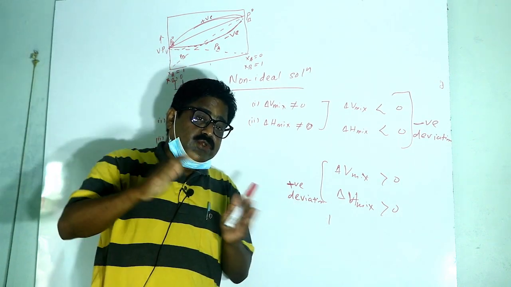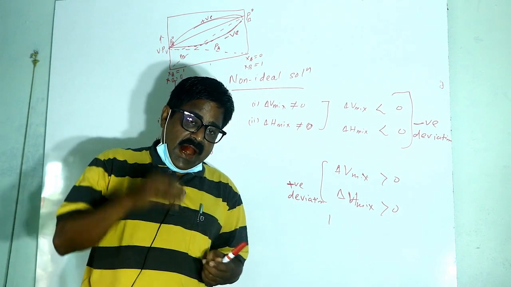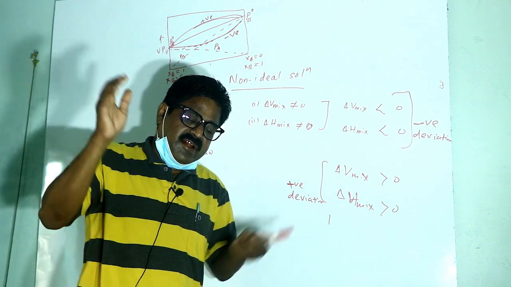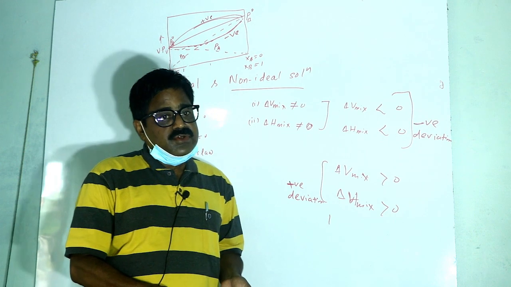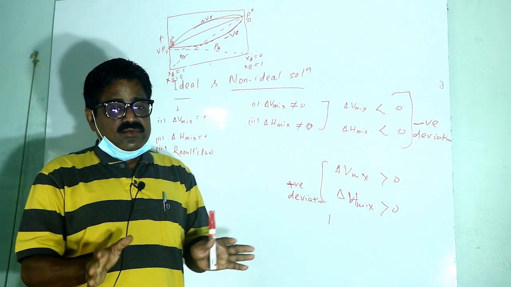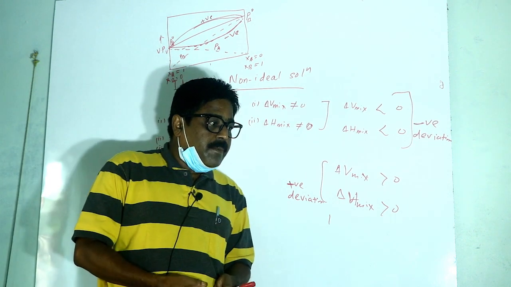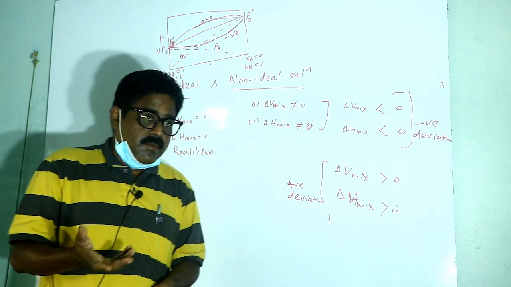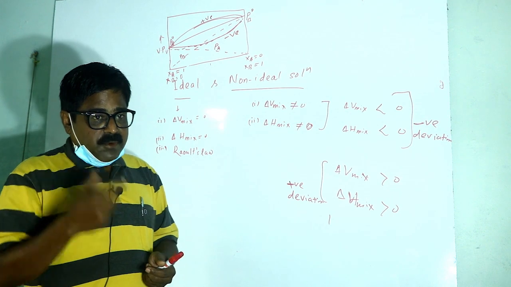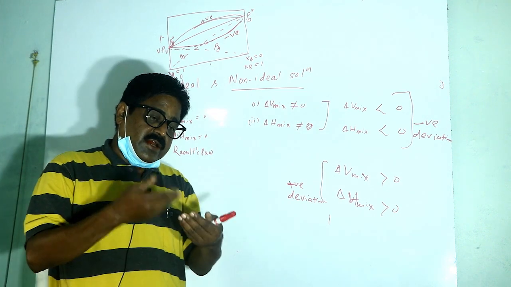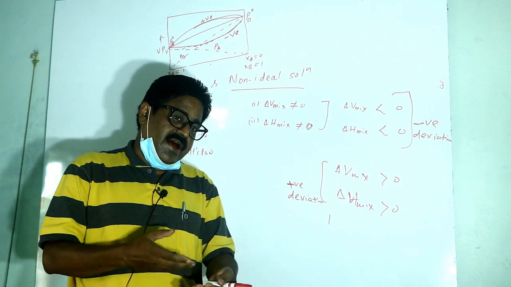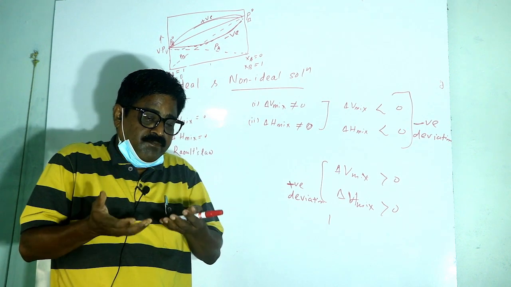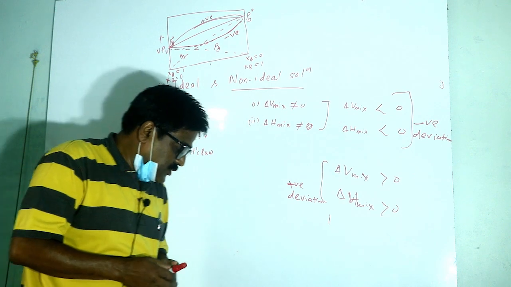So the compositions will be the same always, and it remains boiling till all is left out. In that case, we cannot say one component having a lower boiling point will come out and another will come later. It is at a constant temperature. Both components A and B are vaporized slowly. That is called an azeotropic mixture.